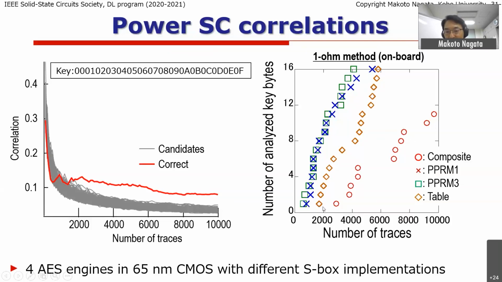In this case, the composite design is better than the PPRM design because the attacker needs a larger number of traces to analyze the secret key bytes.